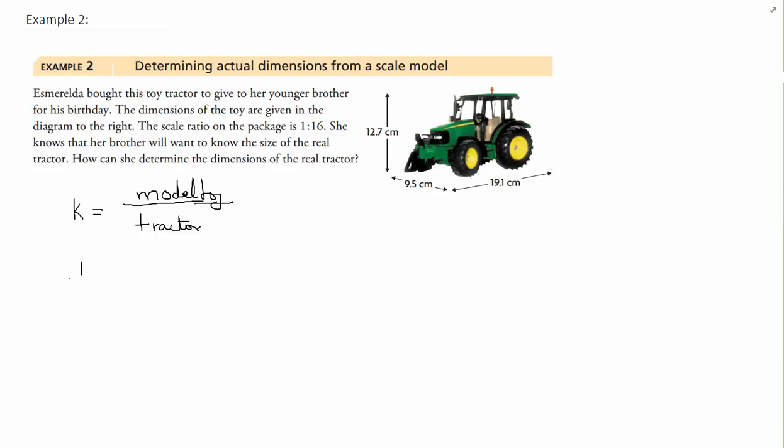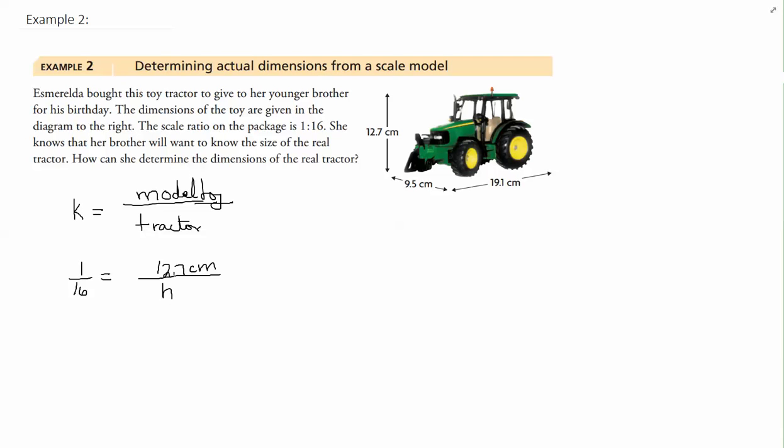It's a reduction from the actual tractor down to the model, so it's 1/16, and we're putting the measurement of the model on top. And so we're looking at the height, which is 12.7 centimeters, and I'll call that H for the tractor.